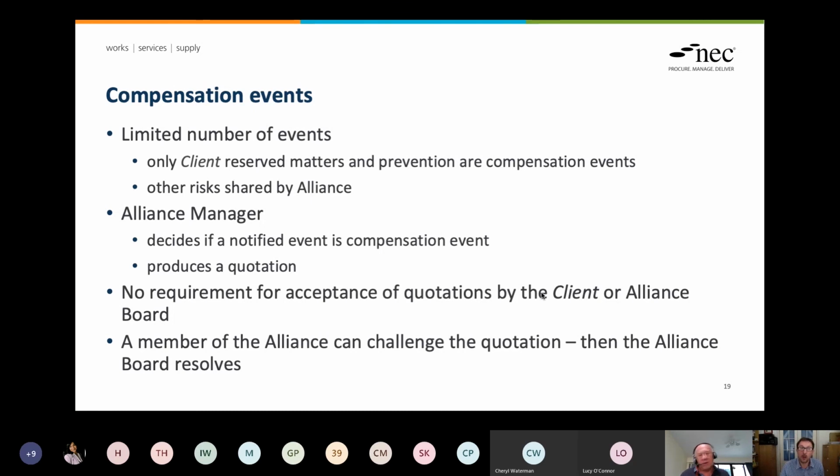But of course, you're also trying to incentivize everybody to avoid those risks occurring, in terms of people not doing things in the time they're meant to, for example, or interface issues perhaps. Even more important with an alliance, everybody wants an outstanding job, met time, cost, quality, safety targets. Done some good, solid, hard work, enjoyed it, come out the other end unscathed, and want to go again. That's what you're looking for, isn't it?